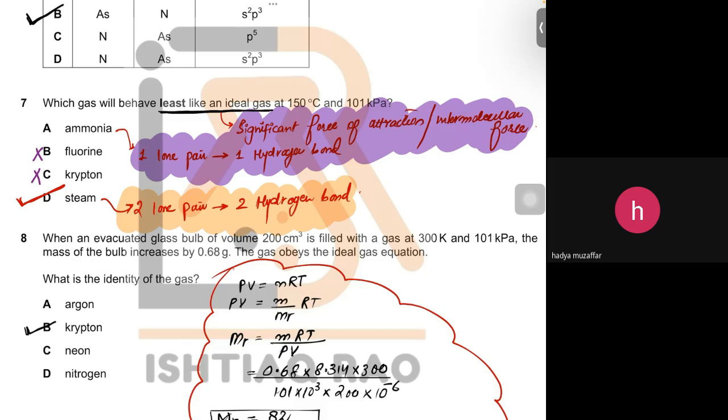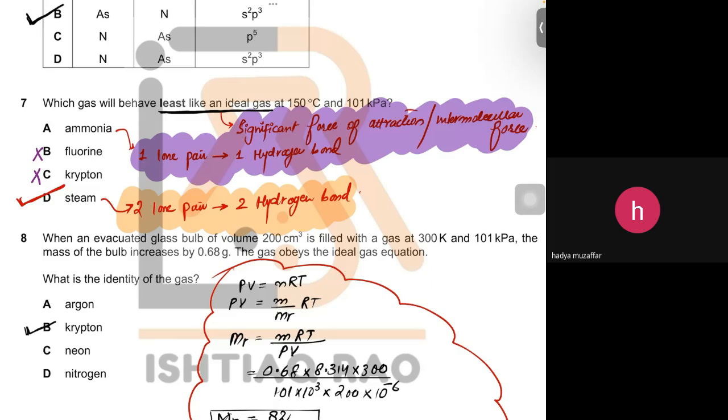But the one which has stronger intermolecular force would be the real gas. It's not an ideal gas because it has a force of attraction. So of course krypton is completely incorrect because it's a noble gas; it's a completely ideal gas. Now the remaining options are A, B, and D. B is also incorrect because it's fluorine.